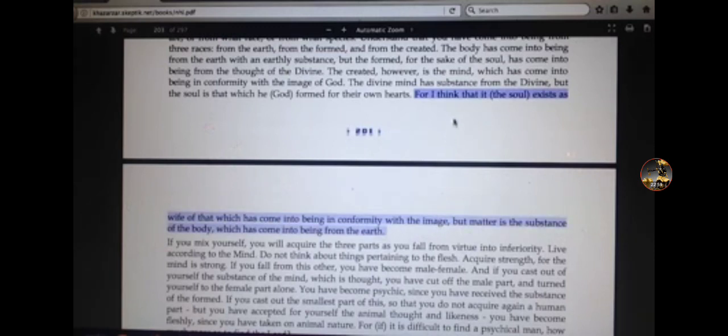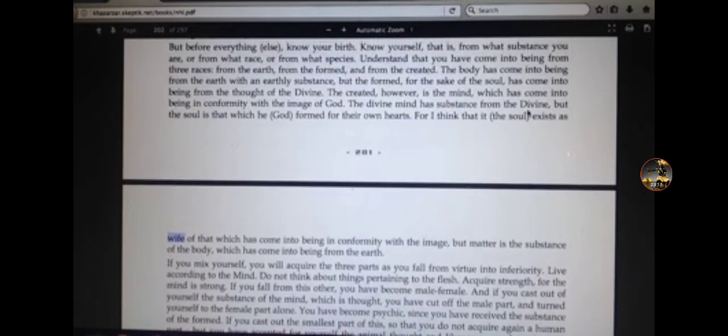For I think that the soul, the Ruach, exists as wife of that which has come into being in conformity with the image. The created, however, is the mind which has come into conformity with the image. You are the created, the mind, that which they create together.